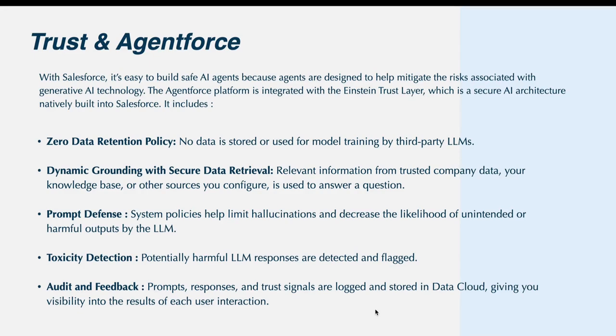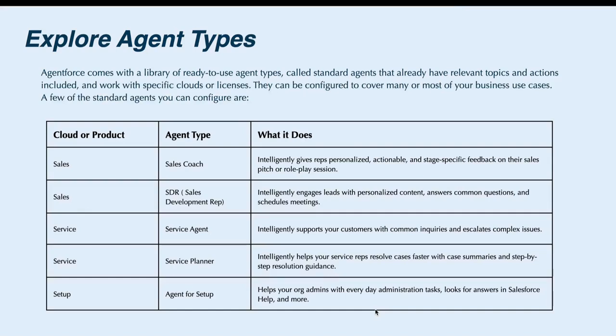Let's explore some of the standard agent types that are available in Salesforce. Agentforce comes with a library of ready-to-use agent types, which are called standard agents, that already have relevant topics and actions included, and they can also be configured to cover many or most of your other business use cases as well.